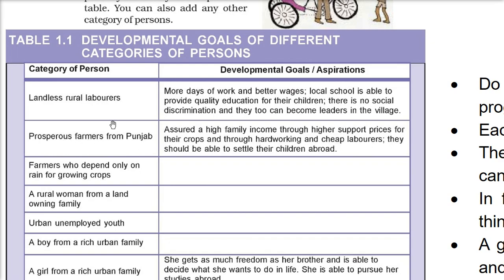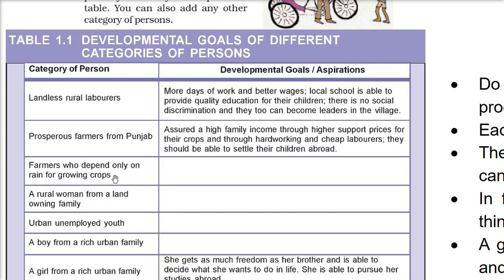See, prosperous farmers want cheap laborers, but the laborers want better wages. So there is a contradiction between them. They should be able to settle their children abroad. Maybe they can send them to study there and settle down there.